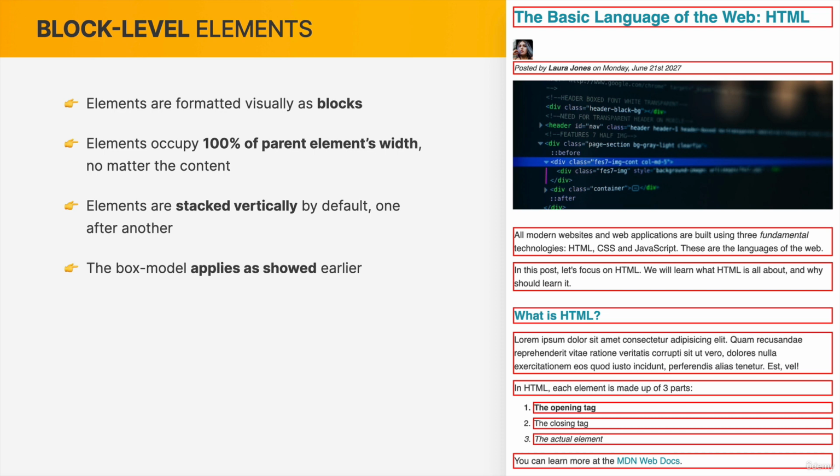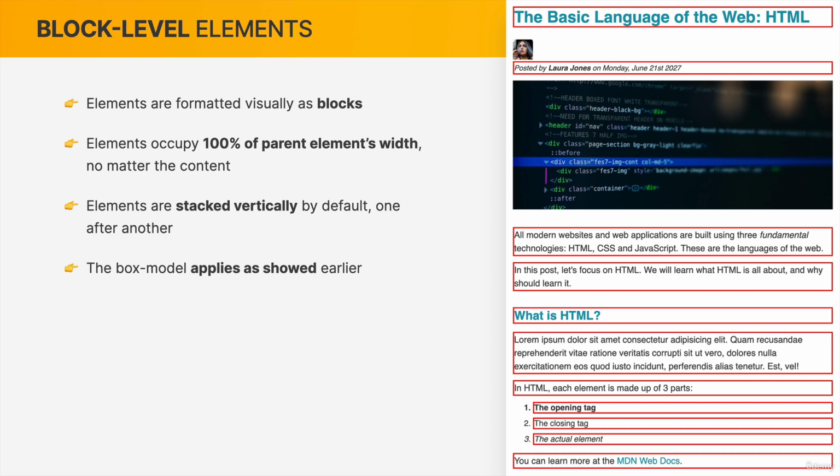And that is true even if the content itself wouldn't actually require so much space. For example, this "What is HTML" heading actually wouldn't need the entire line, right? But it is still a block level element because then they can be stacked vertically one after another by default.